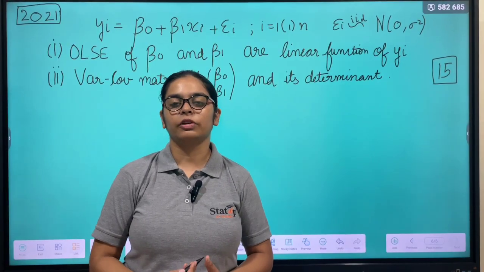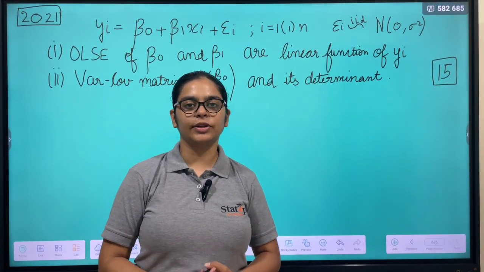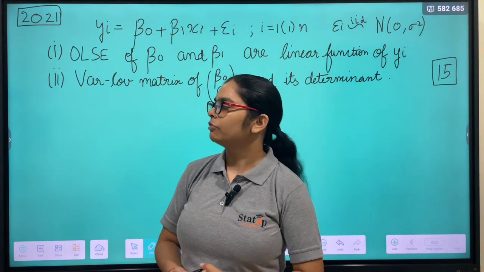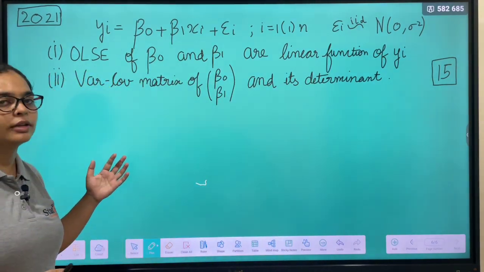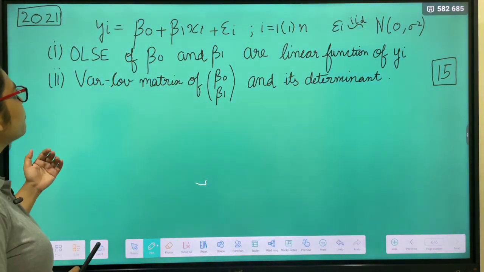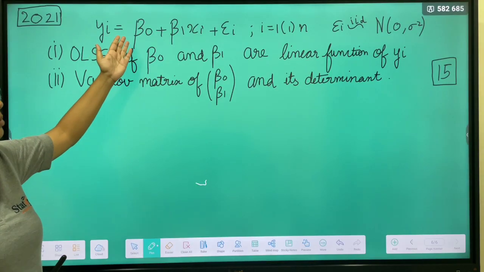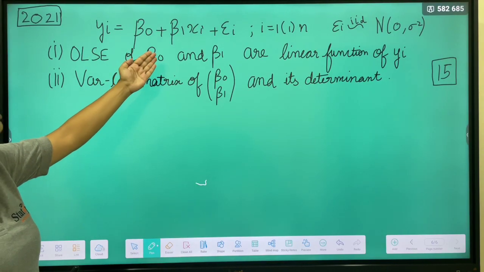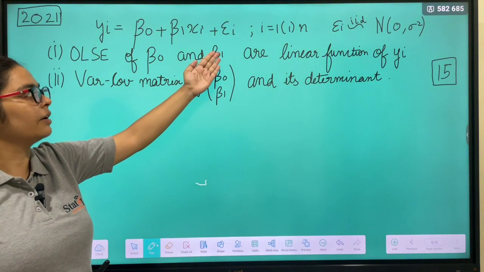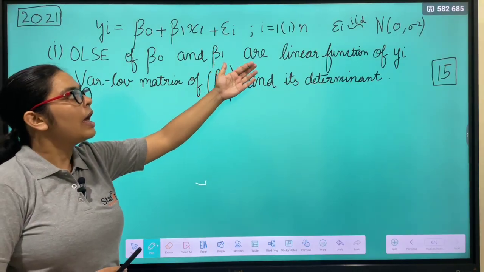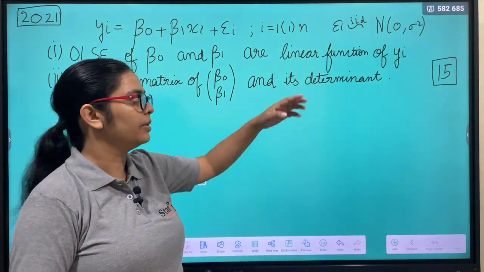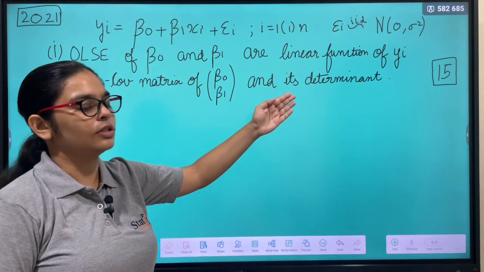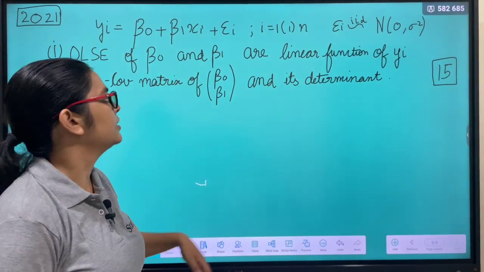So now we will do a question as we do in every lecture, a PYQ. This question behind me is of the year 2021, which says that we have been given a model yi equals beta naught plus beta 1 xi plus epsilon i, where i goes from 1 to n and epsilon i are IID normal 0, sigma square, meaning expectation of epsilon i is 0 and variance of epsilon i is sigma square.